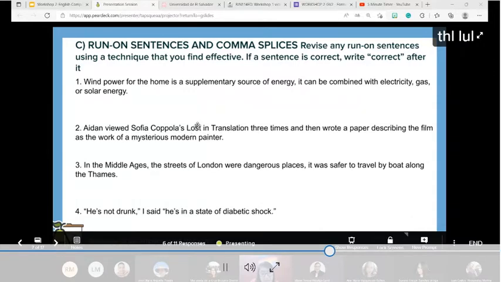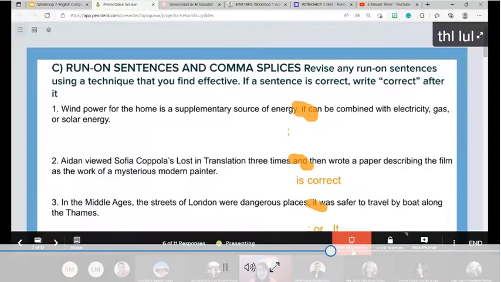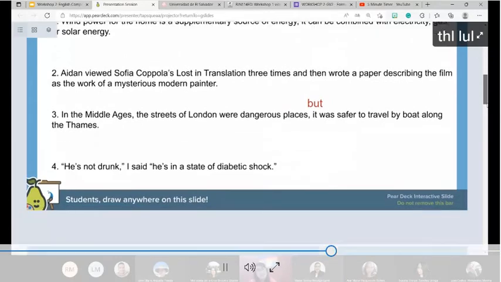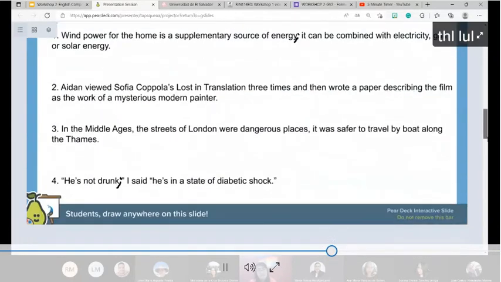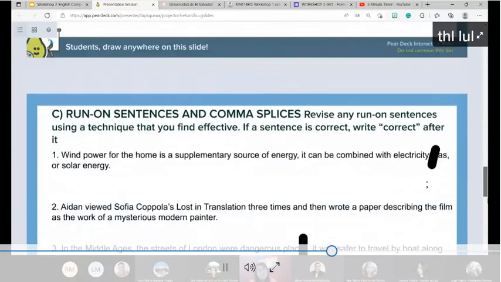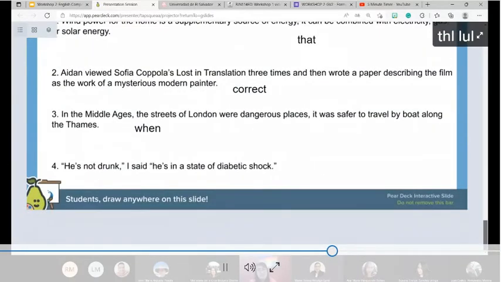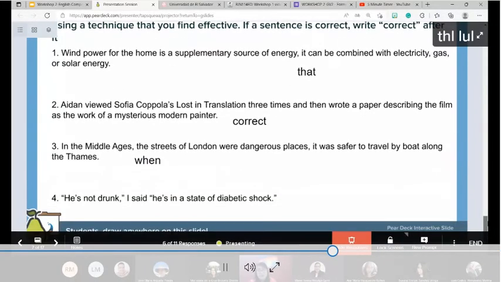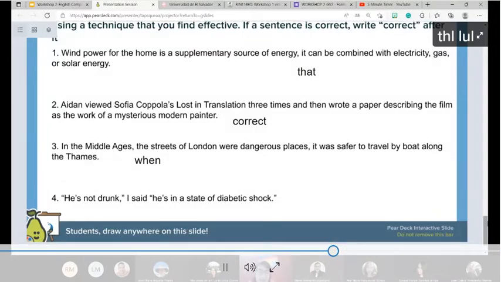Okay, so let's move on to number 4. He's not drunk, I said. He's in a state of diabetic shock. What do you think about that one? He's not drunk, I said. He's in a state of diabetic shock.